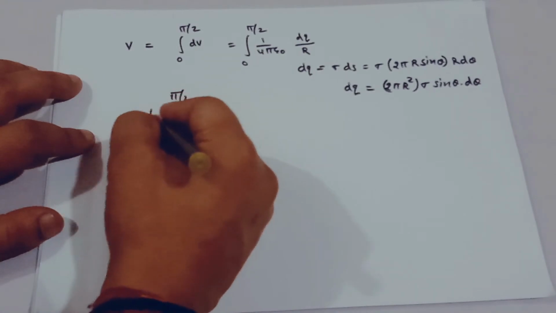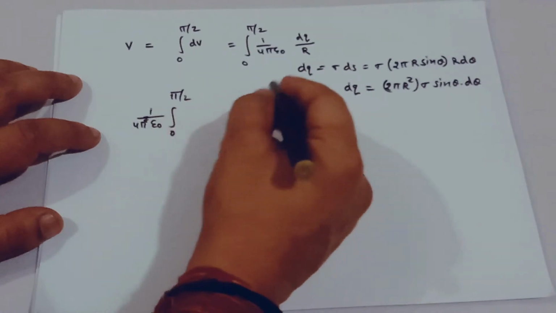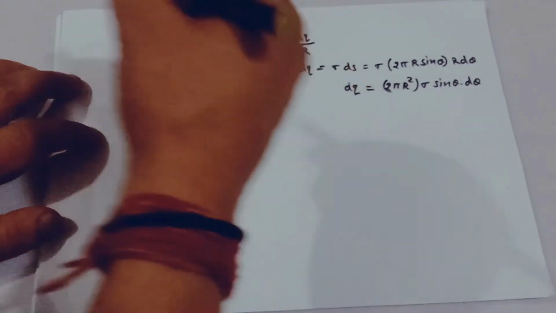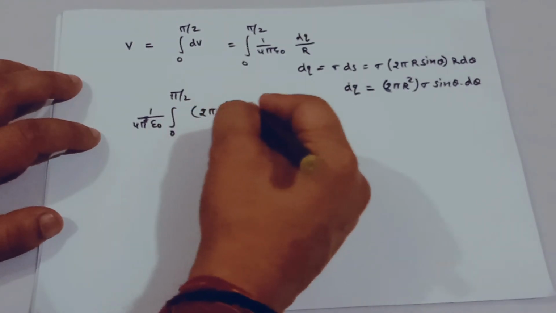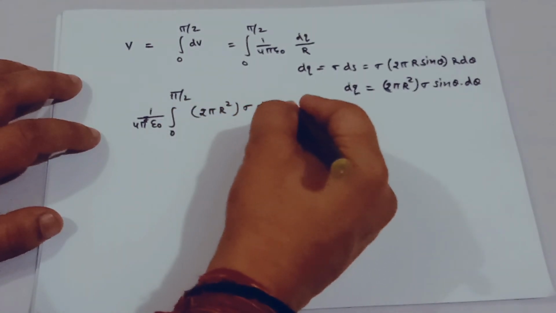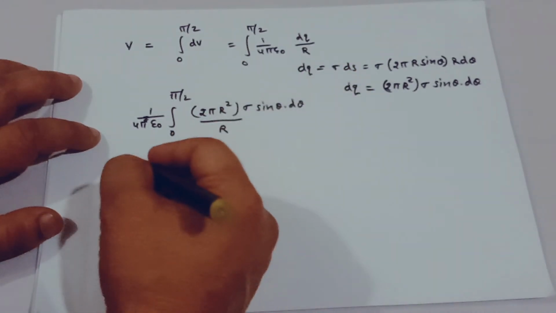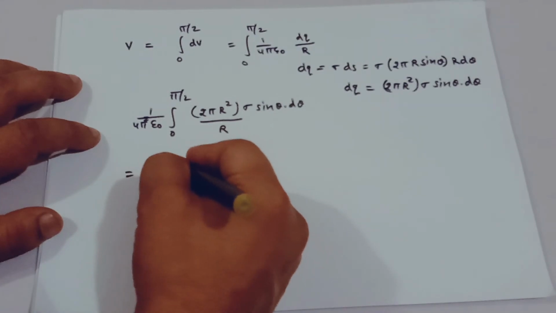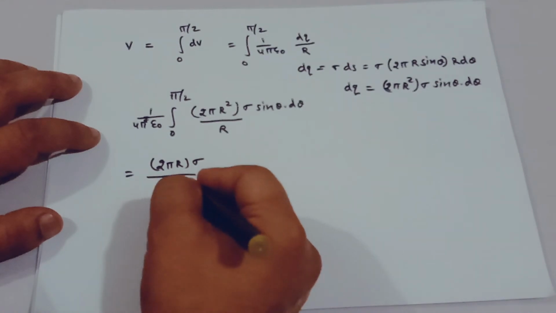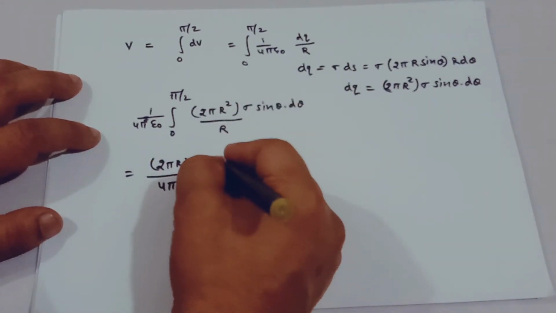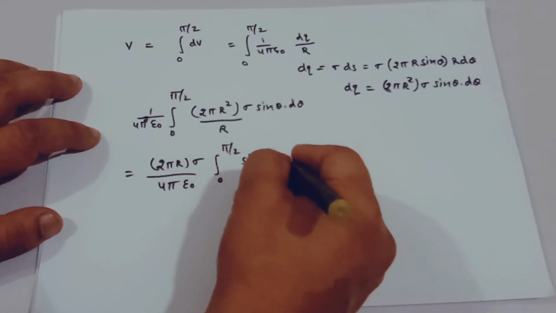You can take 1 by 4 pi epsilon naught out of the integration sign, and R can also be taken out because it is a constant, so that would be 2 pi R squared sigma sin theta d theta divided by R, so one R would be cancelled out. You can write 2 pi R sigma, with 4 pi epsilon naught in the denominator, from 0 to pi by 2, of sin theta d theta.